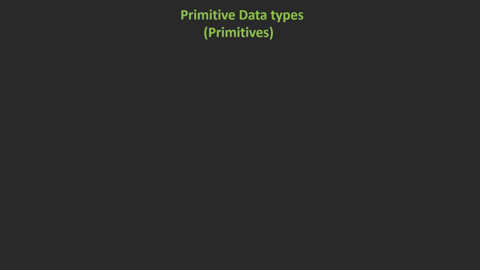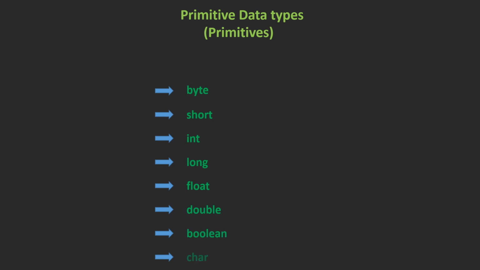But for primitives, there are 8 data types, or say 8 different box sizes that fall under primitives, where each one could store a specific type of data, and they are byte, short, int, long, float, double, boolean, and char.